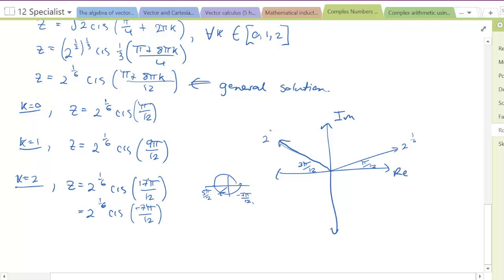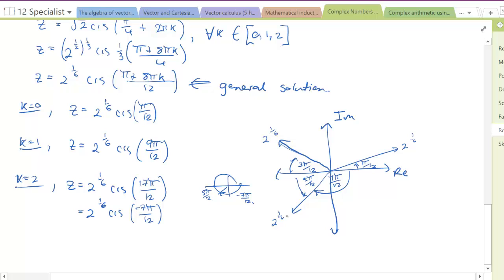And again, the modulus is 2 to the power of 1 on 6. And then negative 7, which means that there's 5 here, 7 here, and the modulus is 2 to the power of 1 on 6.